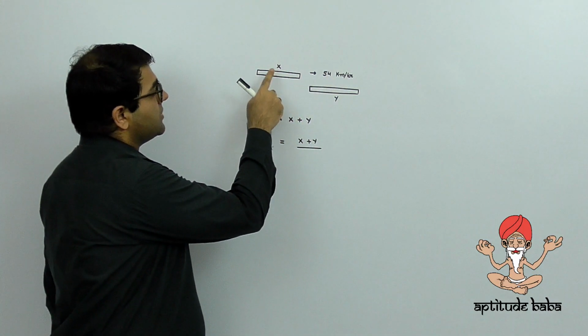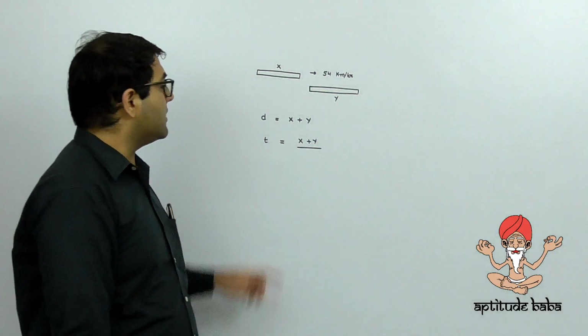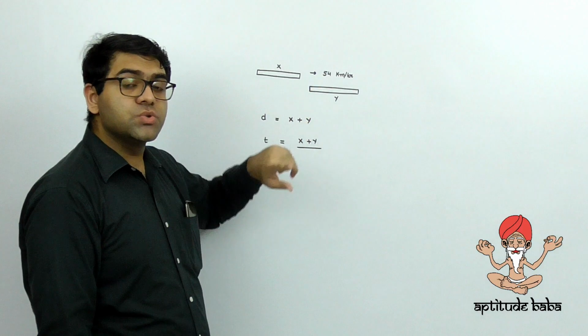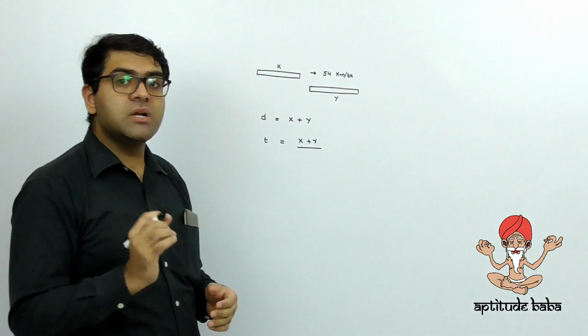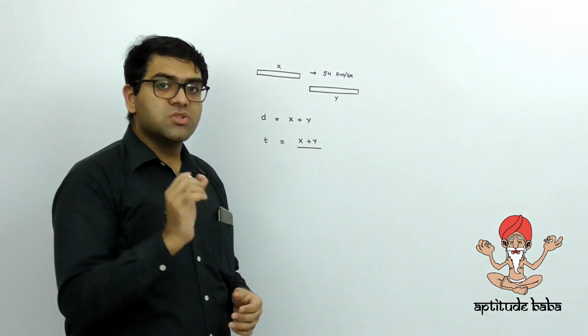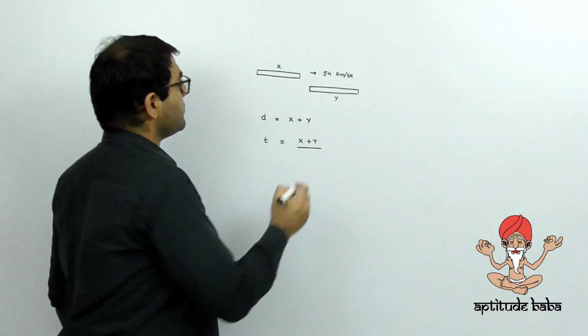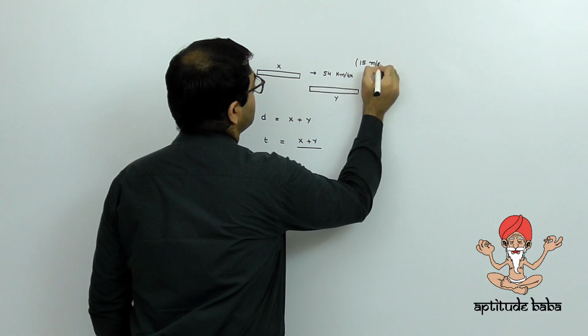Since I am assuming the length of train as well as that of platform in meters, I cannot divide this length by a speed which is in kilometers per hour. So I convert this 54 kilometers per hour into meters per second by multiplying with 5 by 18. So 54 into 5 by 18 gets me 15 meters per second. So the speed of the train is effectively 15 meters per second.